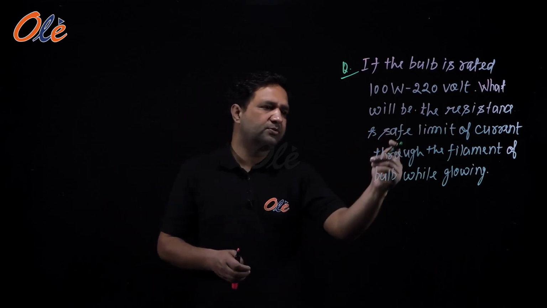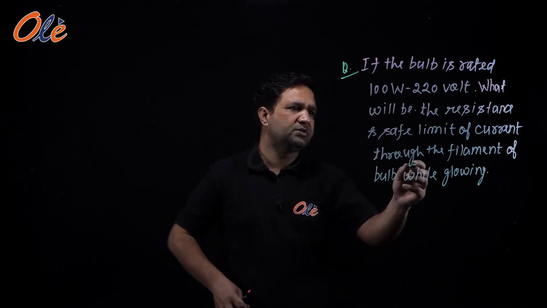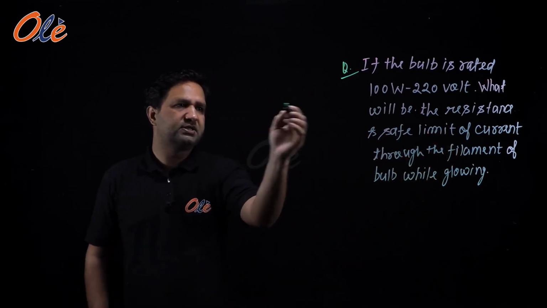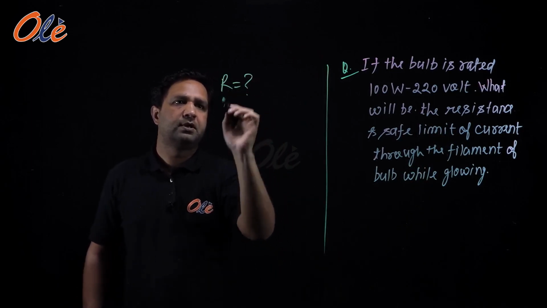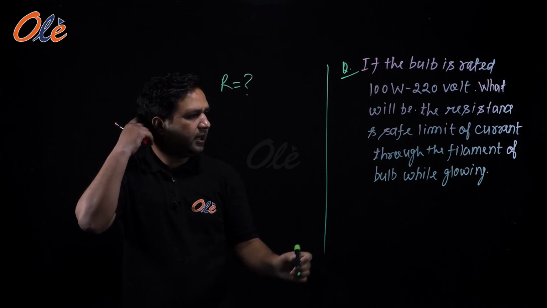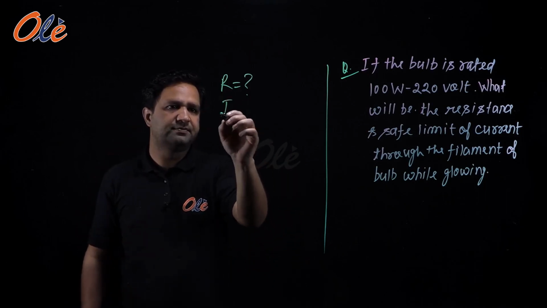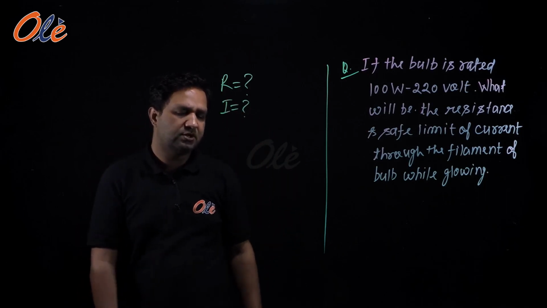These two things we have to measure. So first we will see the resistance of this bulb. So R we have to find, and the safe limit of current.